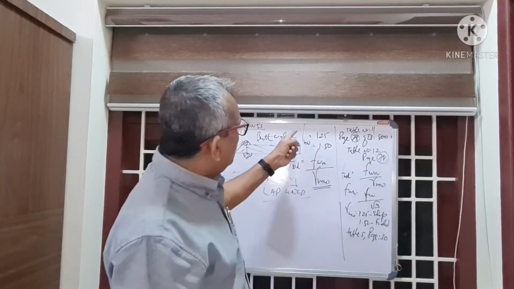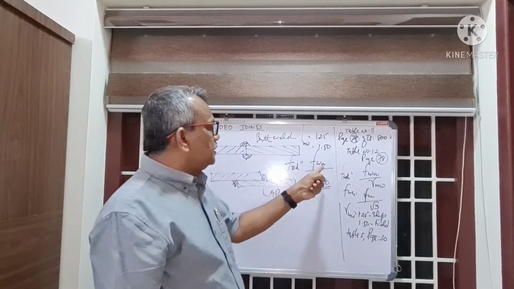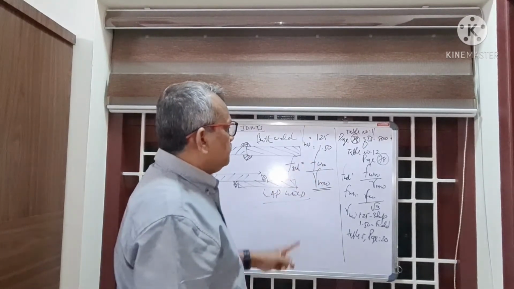So here the same equation: the design shear strength of the welded joint is equal to the nominal shear strength divided by the partial safety factor.